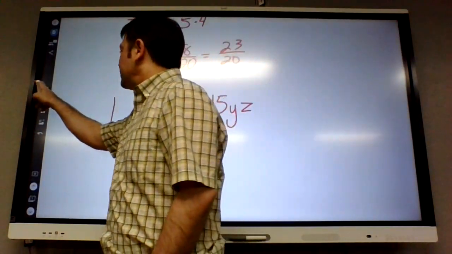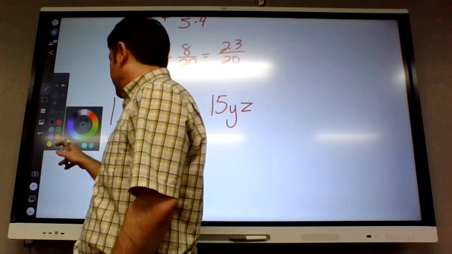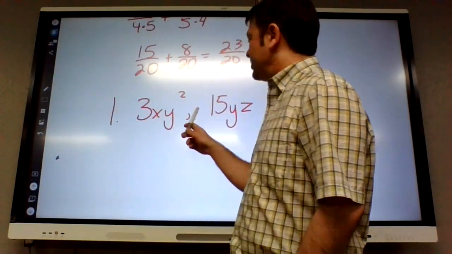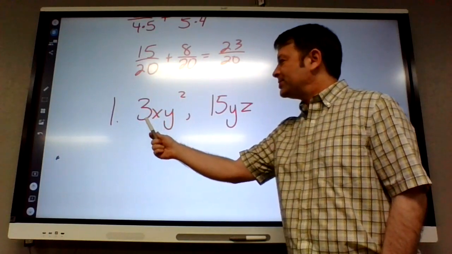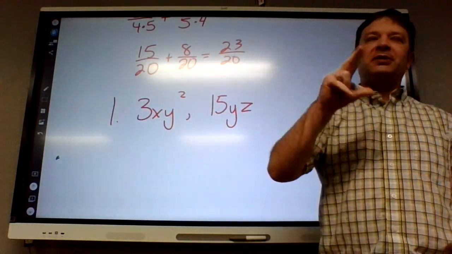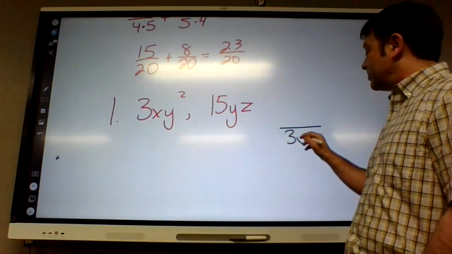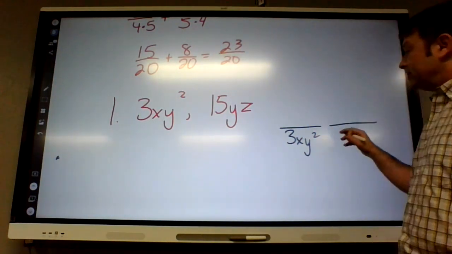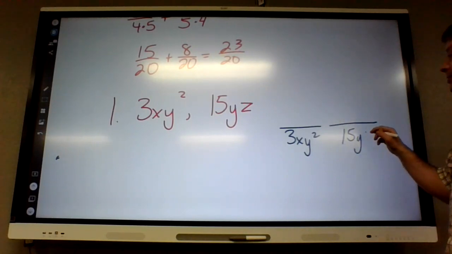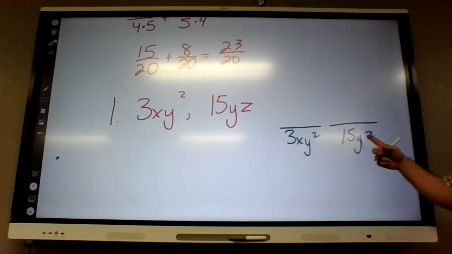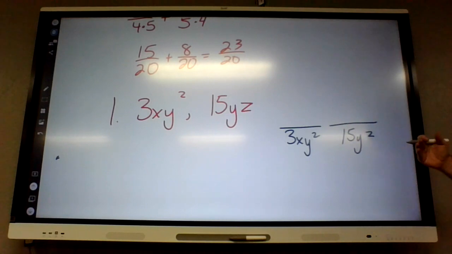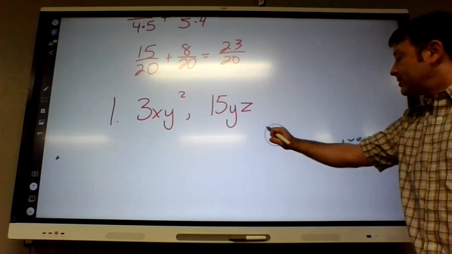For the number part, these are both just one term. The directions are to find the least common multiple. The reason they're asking for the least common multiple is because later on we're going to be doing fractions, and they're going to say you have to find the least common denominator. So least common multiple, least common denominator, same thing.